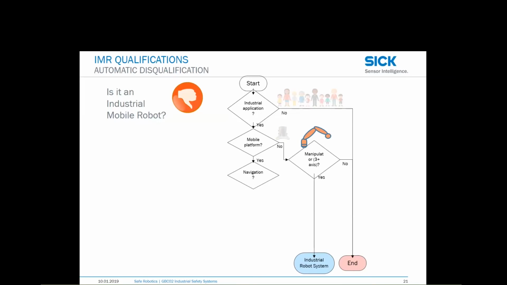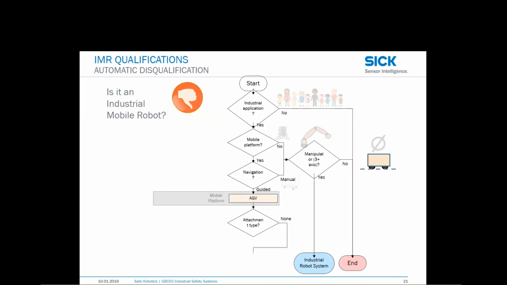If it does have navigation, but it's manual, and it does not have a manipulator, then it won't be covered. However, if it is guided as an AGV, okay, it is a mobile platform, but again, if it doesn't have an attachment, then this is covered by the AGV standard.